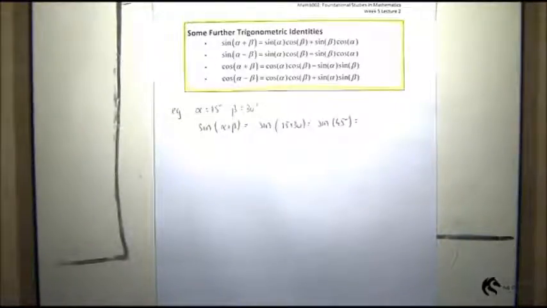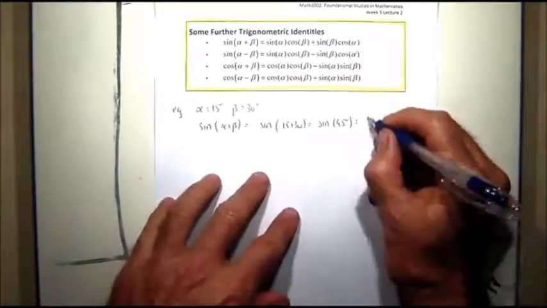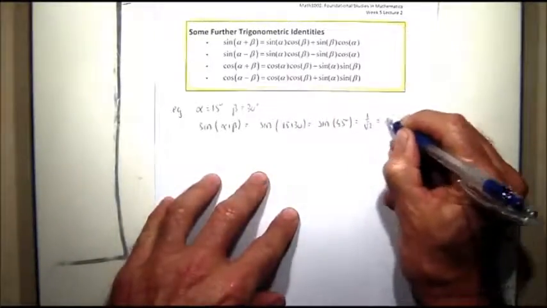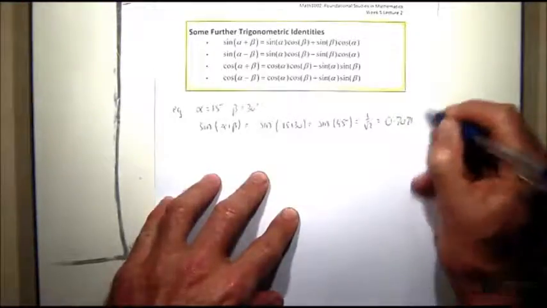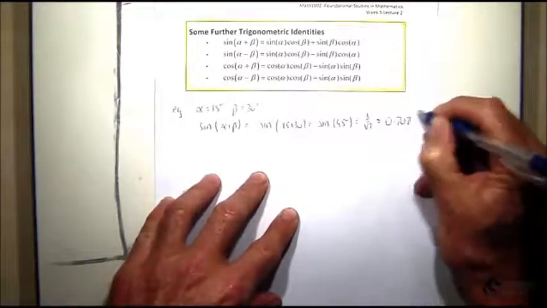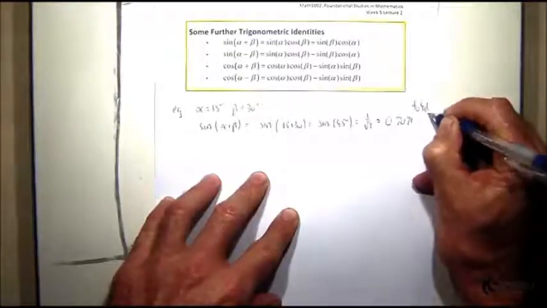The sine of 45 degrees is 1 on root 2. So in here, on the left-hand side, I get 1 on root 2, and that will be 0.7071 or thereabouts to 4 decimal places.